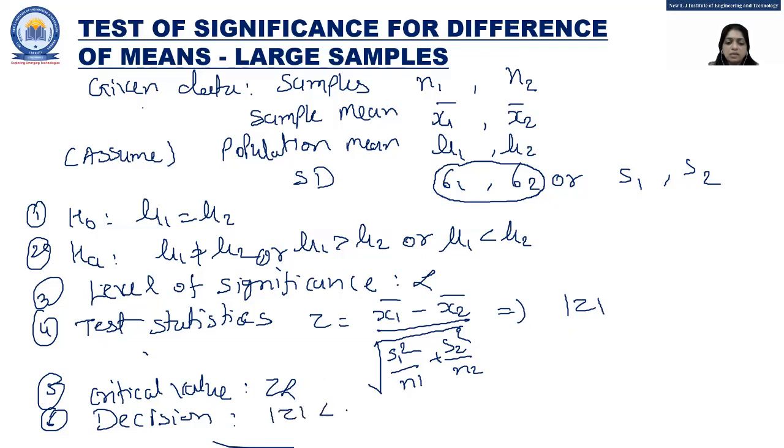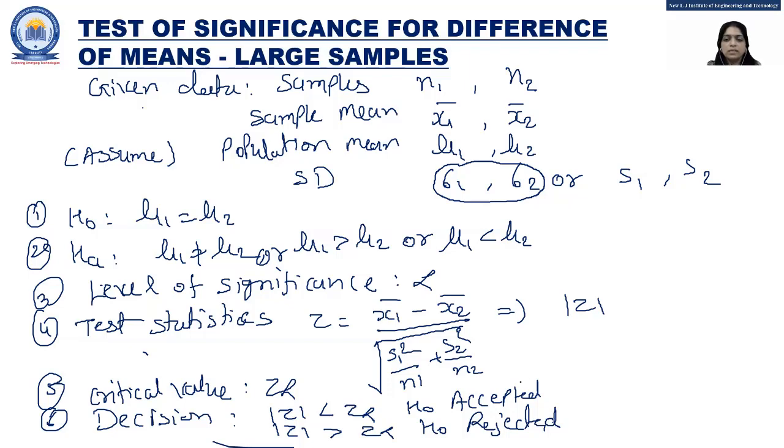If mod Z is less than Z alpha, H naught is accepted, and the reverse: if mod Z is greater than Z alpha, H naught is rejected. So let's apply this working rule in the example.